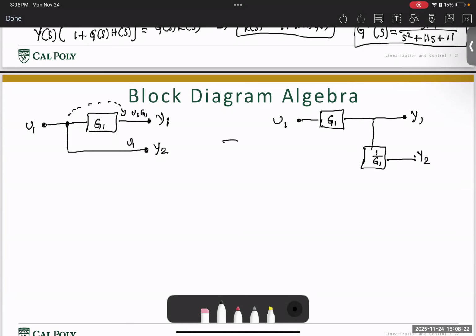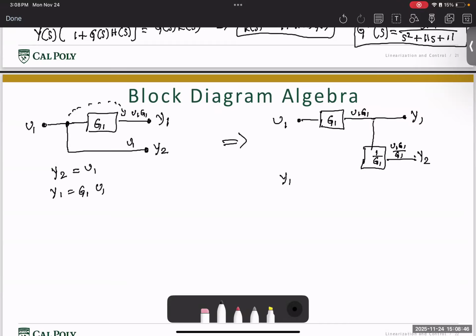Now let's look at this block. In this block we have u1 times g1. So the signal here is u1 g1 which goes to y1, and then you multiply that here by u1 g1 divided by g1 which goes to y2, which is nothing but u1. So simplifying that, y2 is nothing but u1, y1 is g1 u1.